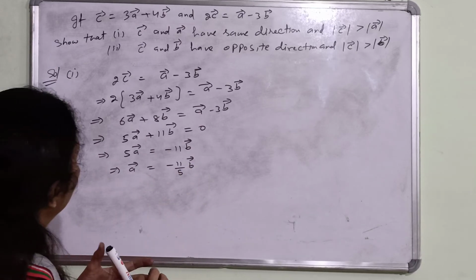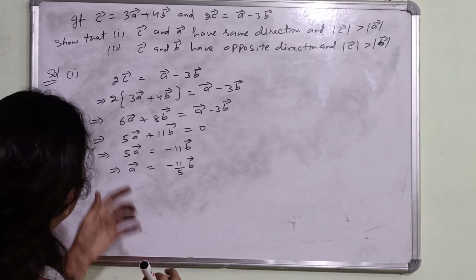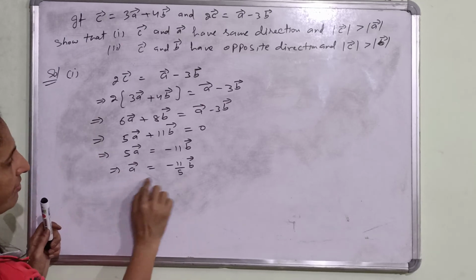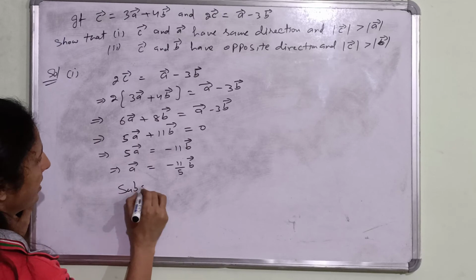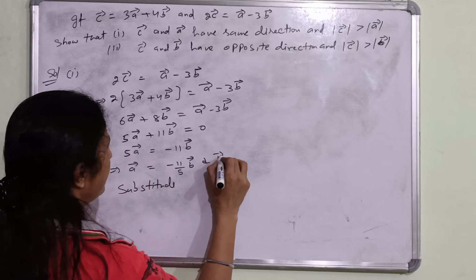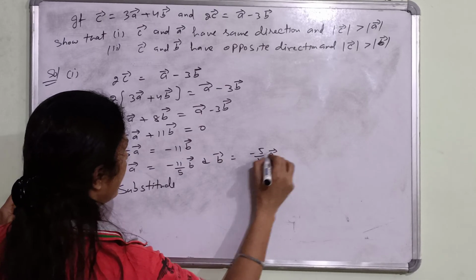Sorry, we have to find C and A. So we have the value of B here, B is equal to minus 5 over 11a.